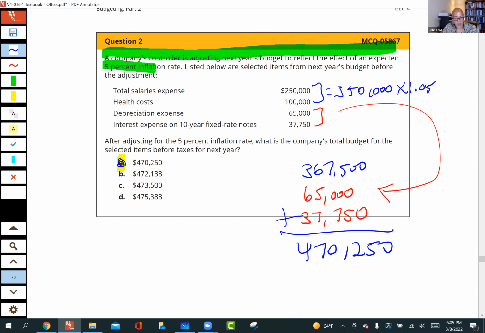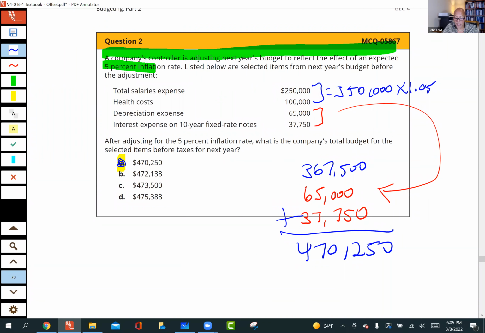It's there. So. Yeah, I kind of led you down that path of destruction a little bit by harping again and again on the depreciation point. But yeah, I kind of thought about that when I looked at the depreciation. I heard myself talking about it. I'm thinking, I bet you somebody picked one of these other choices because they backed out depreciation. But they asked for the total budget.